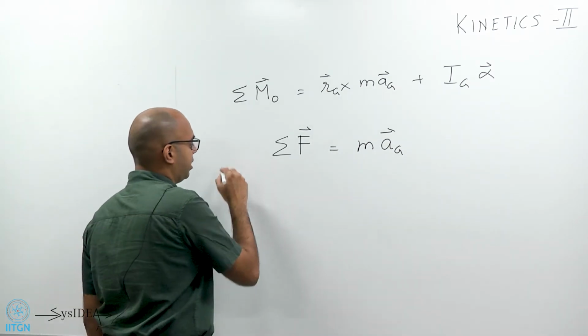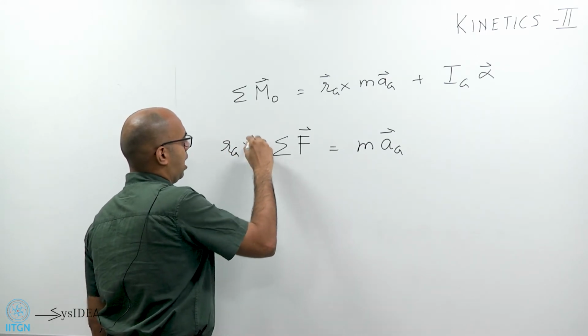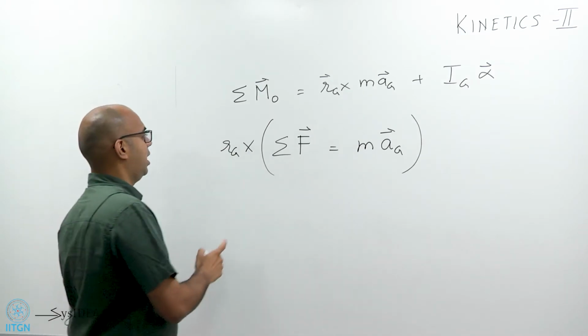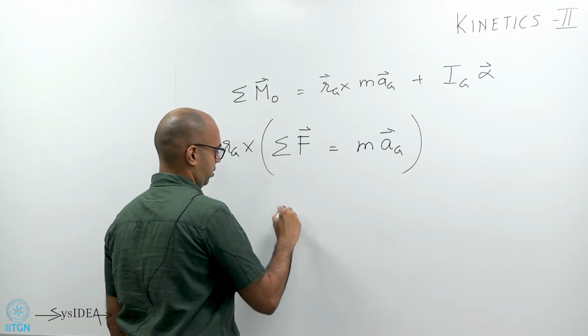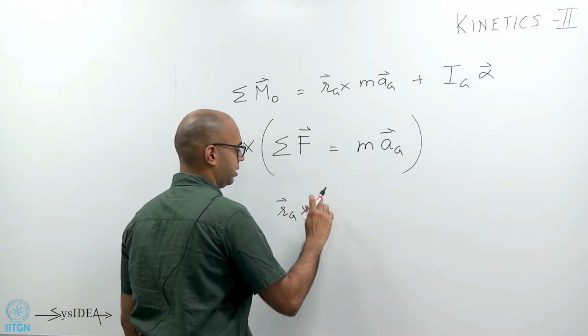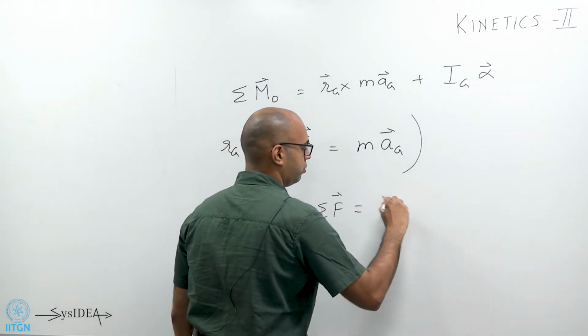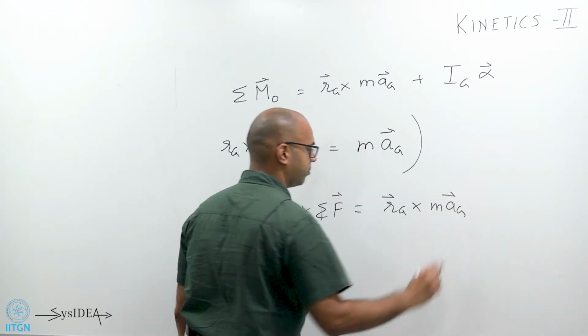In this equation, if I take cross product with Rg on both sides, I would simply get Rg cross with sum of forces is equal to Rg cross Mag.